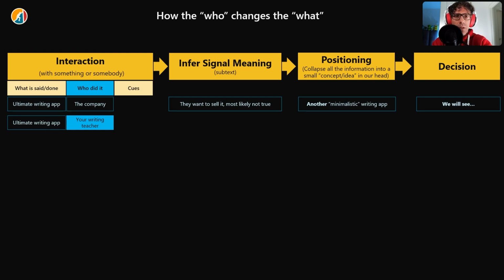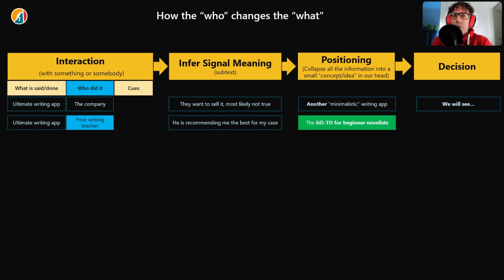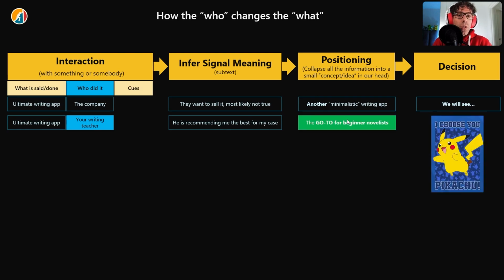He's going to find the best for them. He probably tried several. If he's telling me that, it is without a doubt because he believes that is the best for me. He's looking out for my interest. So immediately, okay, this is the go-to, and you will choose that one. Not only that, if I chose that one because I'm the student, and I talk with somebody else, I would tell them, yeah, you have to use that one. My teacher told me that it is great.